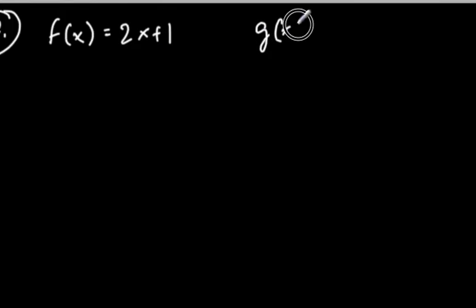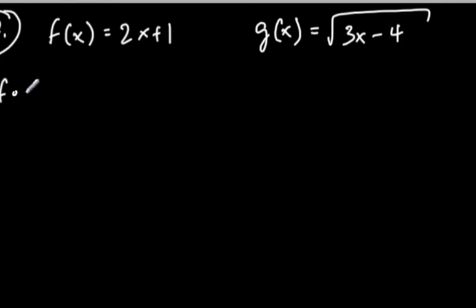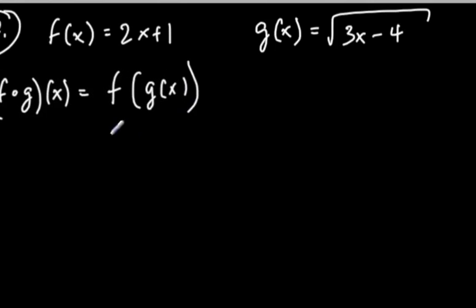Number 7, f of x is equal to 2x plus 1, and g of x is equal to the square root of 3x minus 4. So let's do f of g of x, and that's what it means.